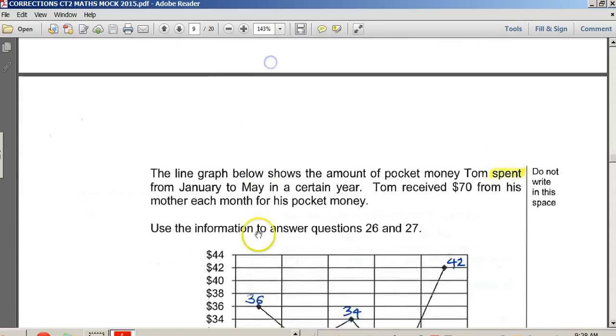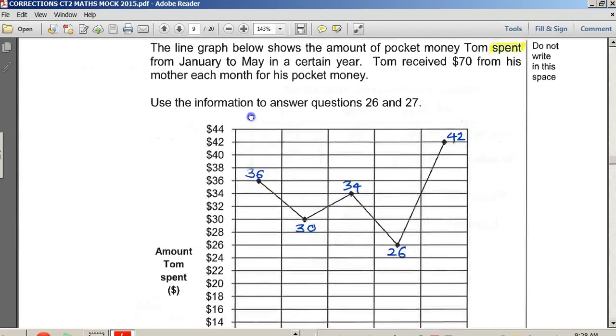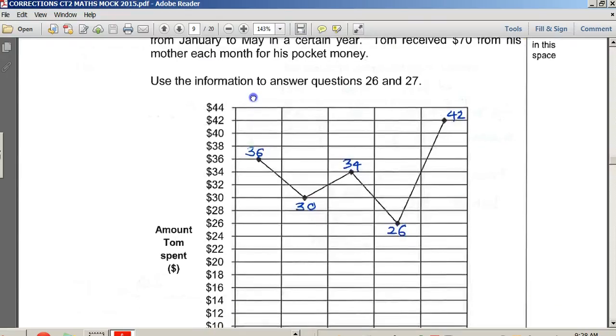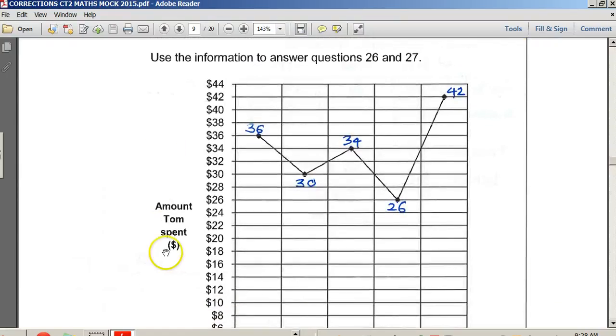Let's carry on. Now this one, many of you did not read carefully. Watch out for the word spend. Alright, watch out for this one. Alright, these are the amount spent, right?